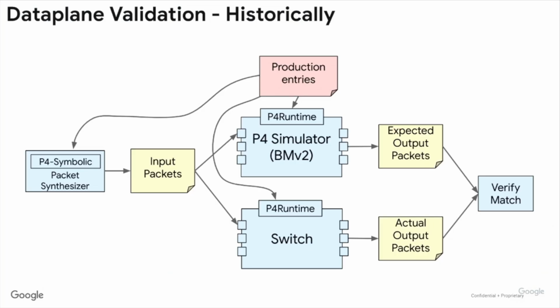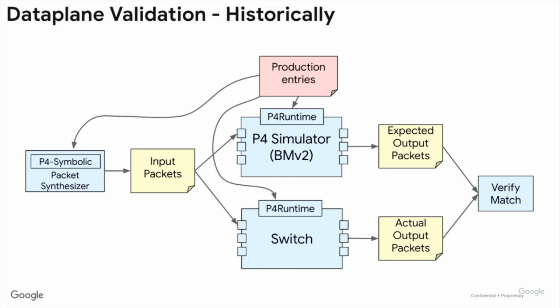To look at this, let's think about an example of how we actually use this. And this is one of our prime use cases. We use this for data plane validation, like we've already said. And historically, the way that this looked was we had this fairly simple looking workflow where we started with production entries from some program in the sense that he described previously.